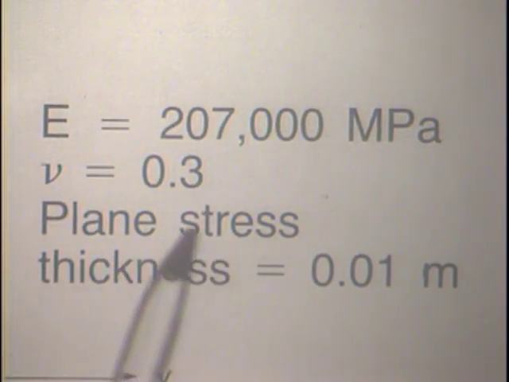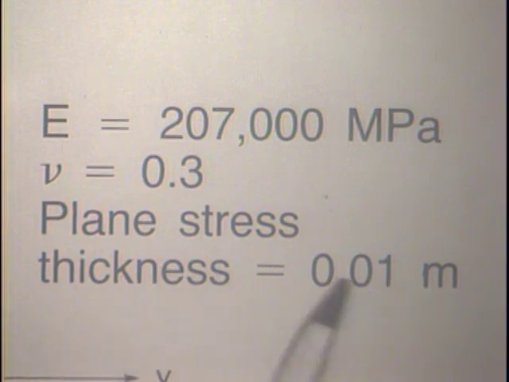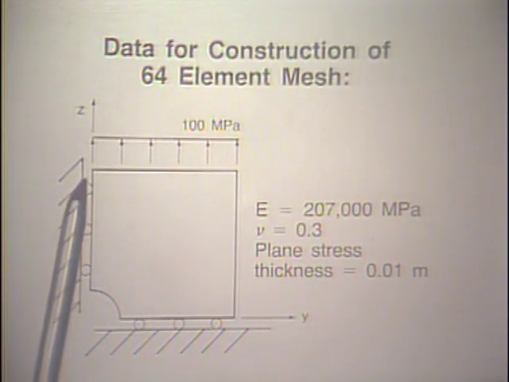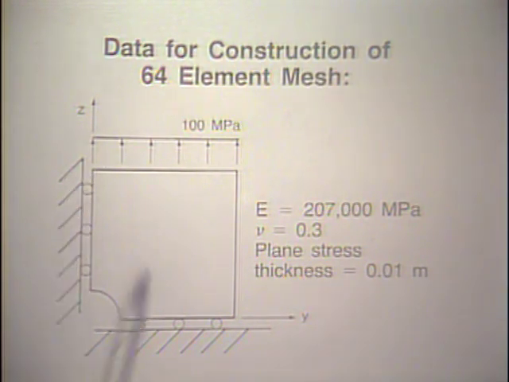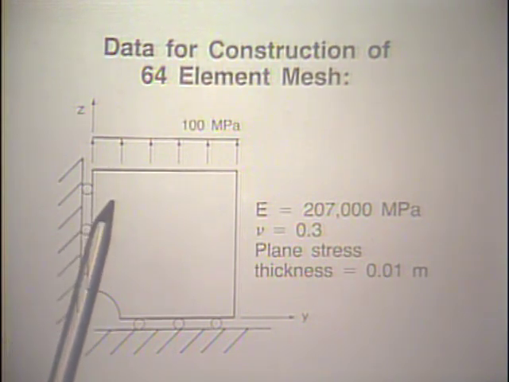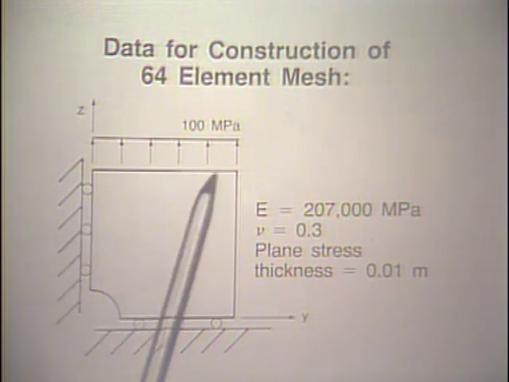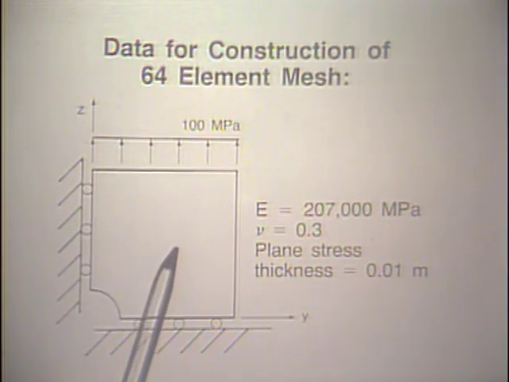We're looking at a plane stress analysis. This is the thickness of the plate. And once again, here is the loading. Notice we are putting this boundary on rollers, and we want to put this boundary here as well on rollers to model the symmetry conditions that we need in order to consider a whole plate, where we actually analyze here only 1/4 of that plate.